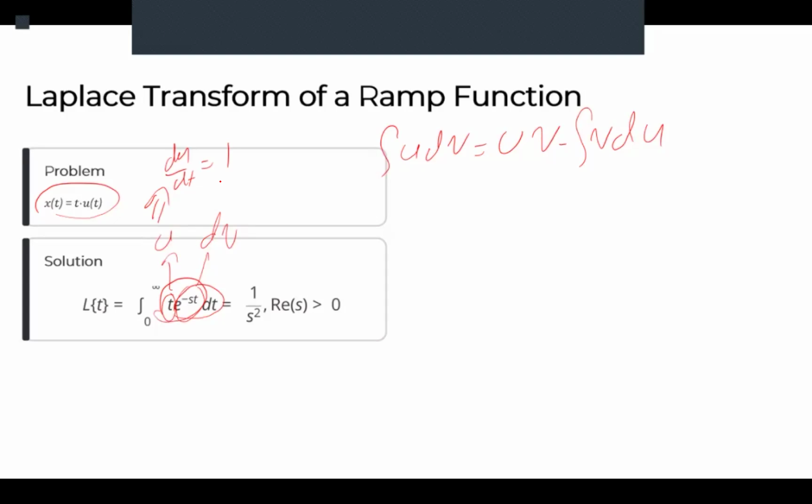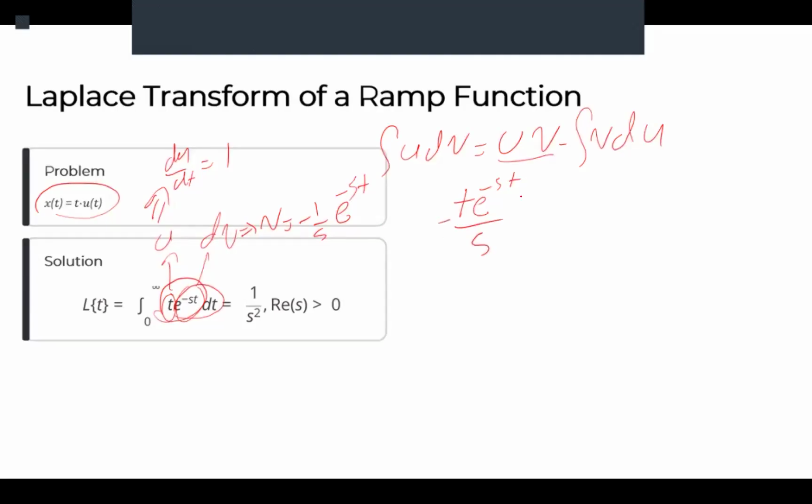Are we good? And if dv is e to the power of minus st dt, that means v is minus 1 over s e to the power of minus st. Are we good? So this term becomes t times e to the power of minus st over s.